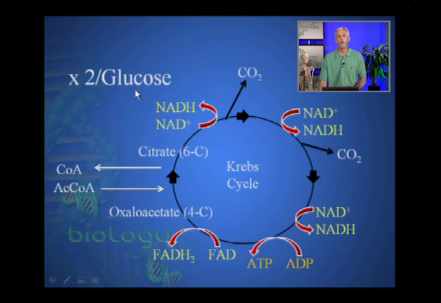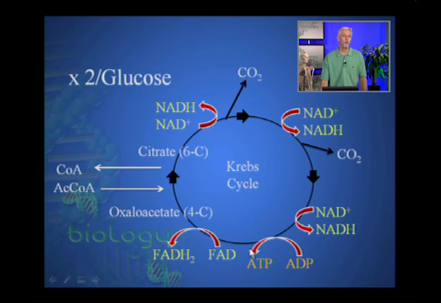Now I'm going to show you a simplified view of this cycle then. So acetyl coenzyme A shuttling in 2 carbons, those being bound to oxaloacetate to form citrate. And then again, those 2 carbons come in, and one of those carbons goes out here as carbon dioxide, the other goes out here as carbon dioxide, and along the way then, NADs are reduced to NADH, and also FAD is reduced to FADH2, and we also have another substrate level phosphorylation.